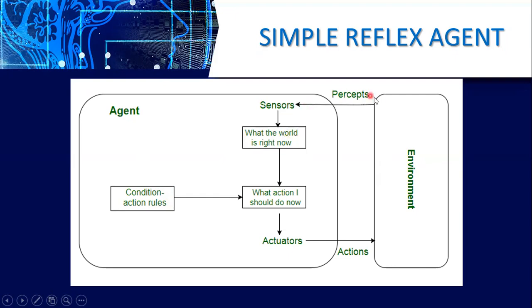The agent gets the percepts, which are the set of inputs: what is the world like right now? Through the sensors it explores the task environment, and based upon the input it checks the conditions. If a condition is satisfied, it does the set of actions. The actions are done through the actuators and are reflected in the environment.